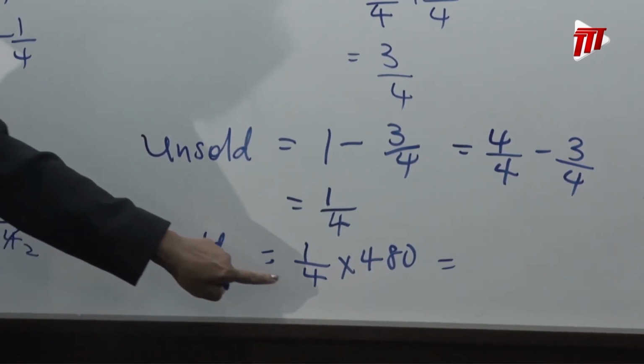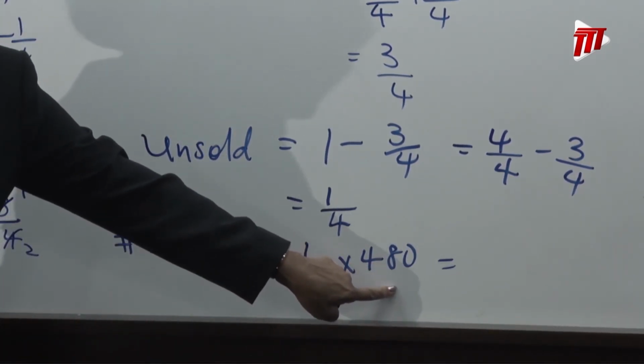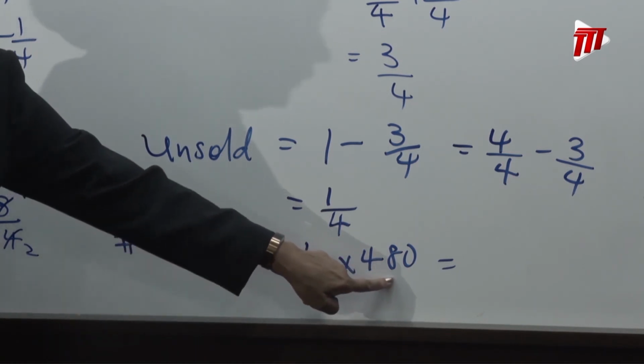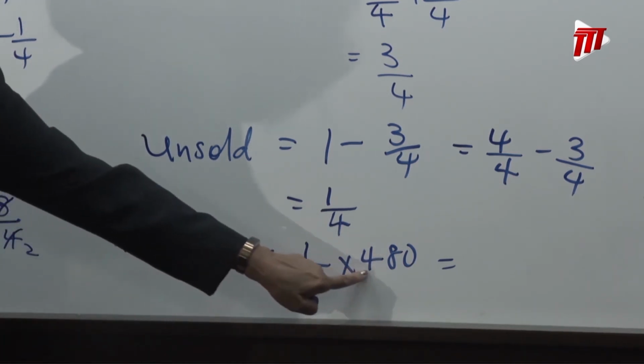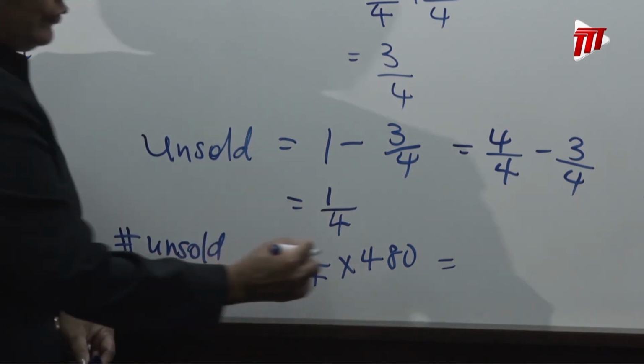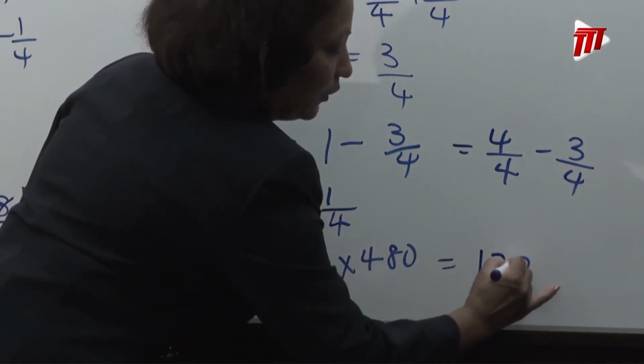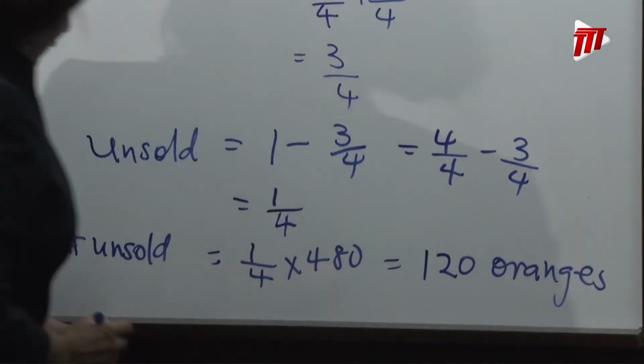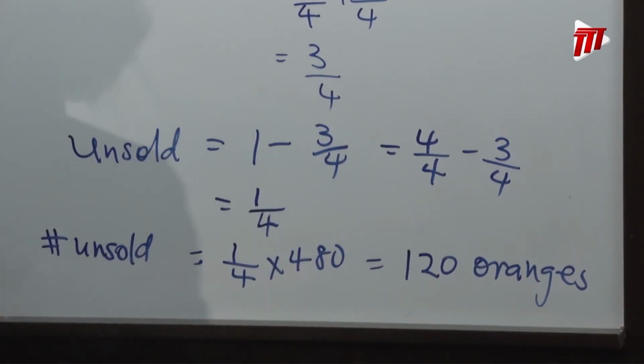Nice numbers. 4 into 48 would give me 12. So you have 120, 12 here with a 0. So you have 120 oranges. So this is your answer. Your answer would be 120 oranges.